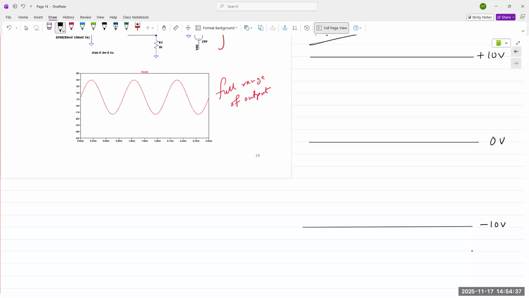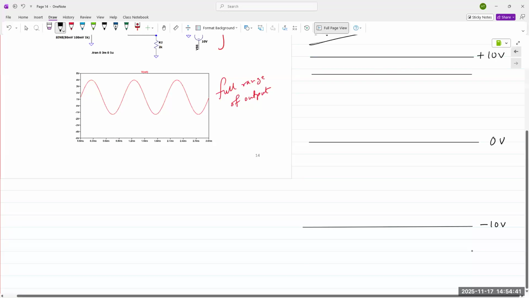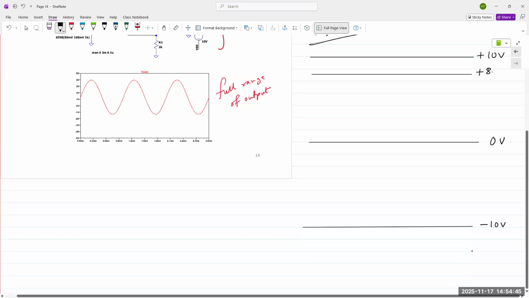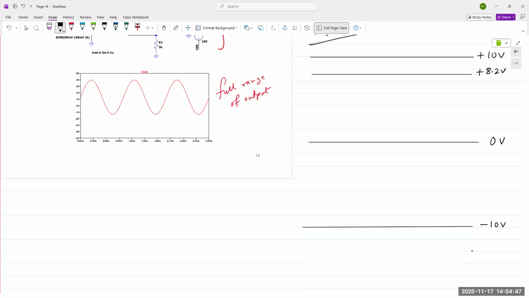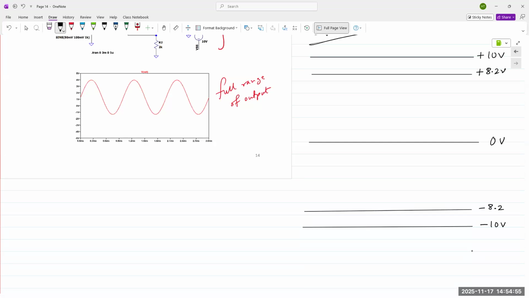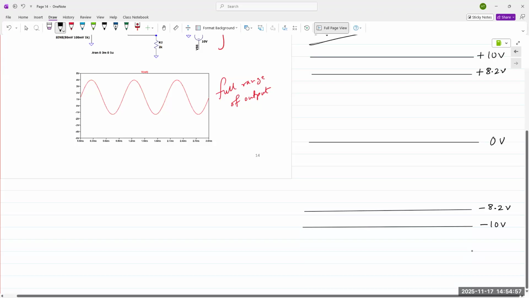And now let's say it still consumes 1.8. So it consumes 1.8. This would be what? 8.2 volts. And this would be minus 8.2 volts.